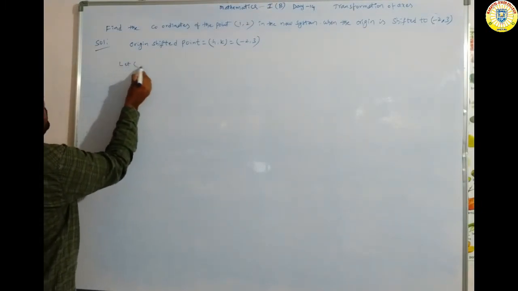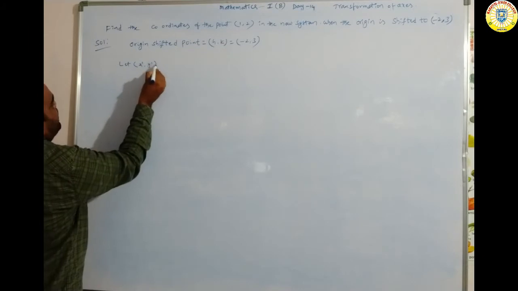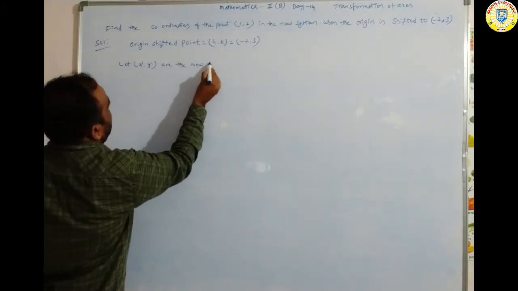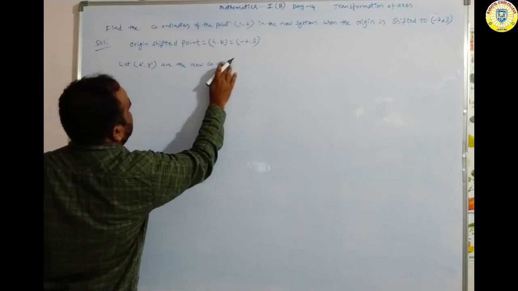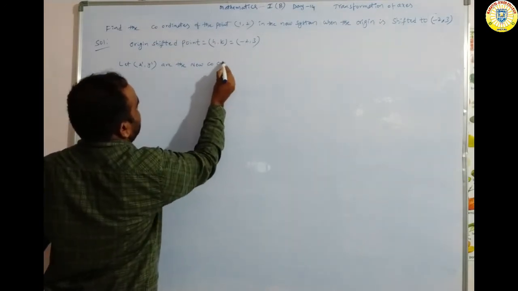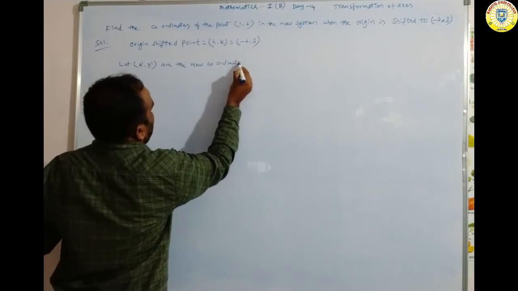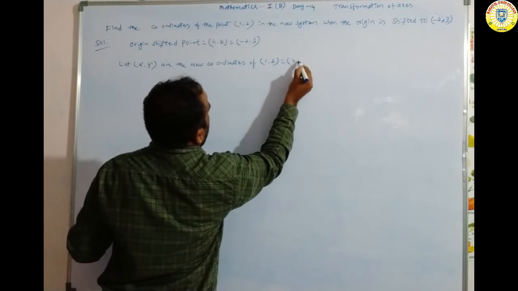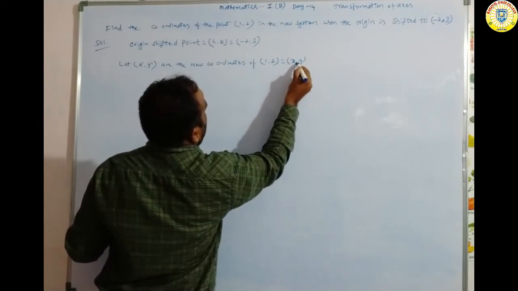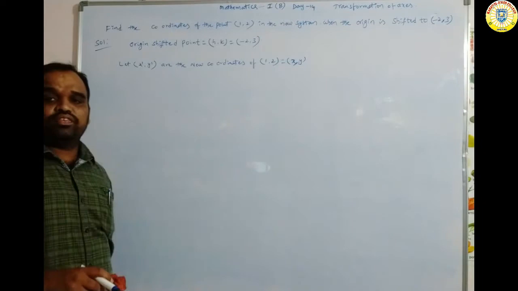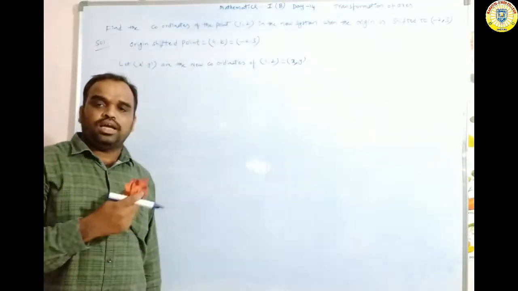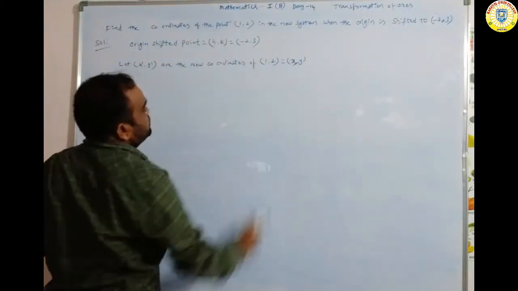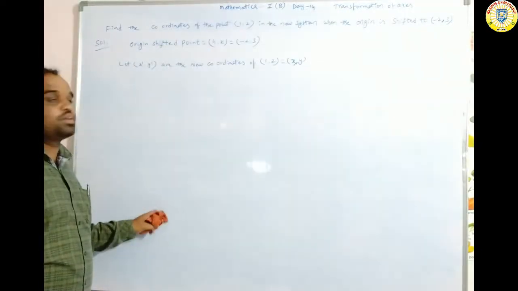Let x', y' be the new coordinates of (1, 2). The given original coordinates are (x, y). So (1, 2) = (x, y), the original coordinates.